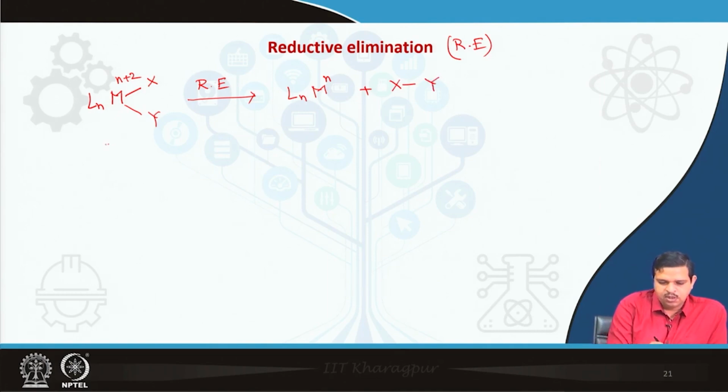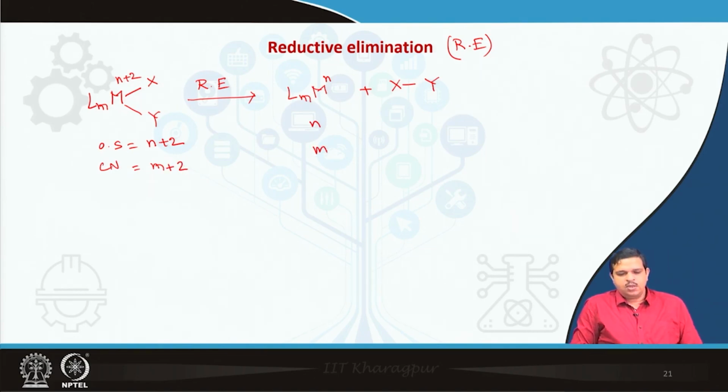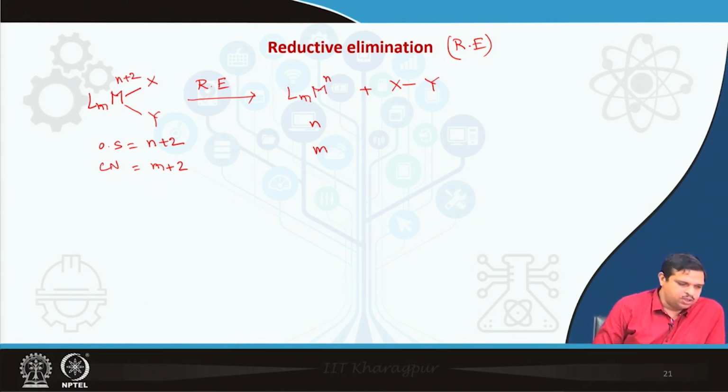Here you will see that the oxidation state is N+2, here it is N, and the coordination number, if I take it as M, is M+2 here and M here. So, you will see that the coordination number is decreasing and the oxidation state is decreasing, just opposite to oxidative addition.